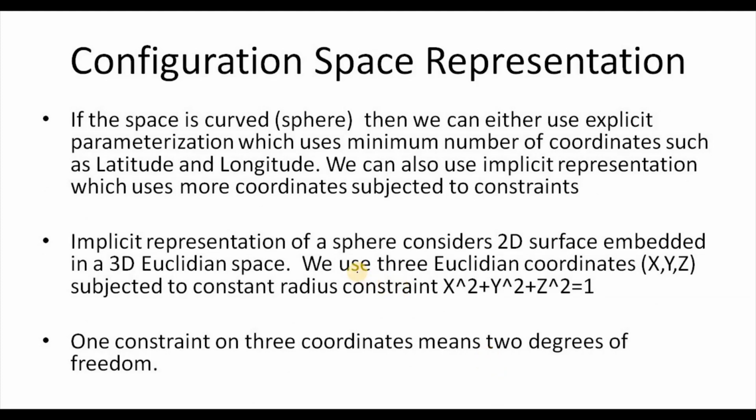If the surface is curved, like a sphere, then we can use explicit parameterization, which uses a minimum number of coordinates such as latitude and longitude. So how can we represent a curved configuration space?